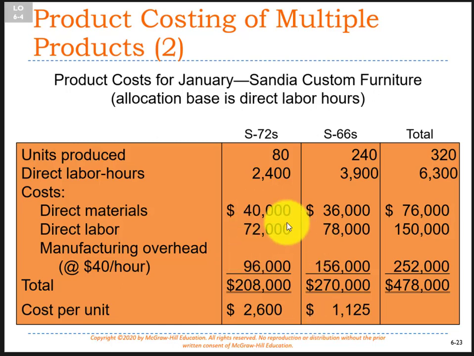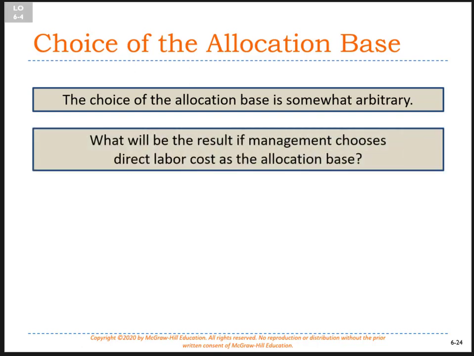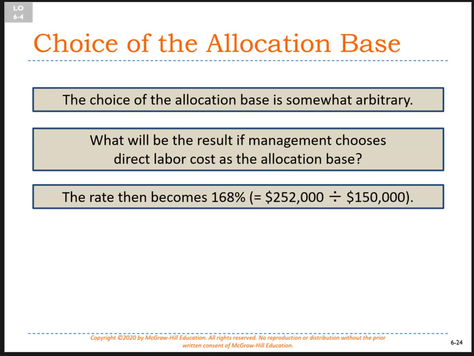Now, we're pretty sure about these direct materials, direct labor, but we understand that this overhead was a big estimate. So we understand that the choice of what we use, direct labor hours in this case, was a little bit arbitrary. There's no perfect answer. Maybe we used direct labor cost, which isn't much different than direct labor hours, okay? And so you take the 252 and divide it by the total direct labor cost.